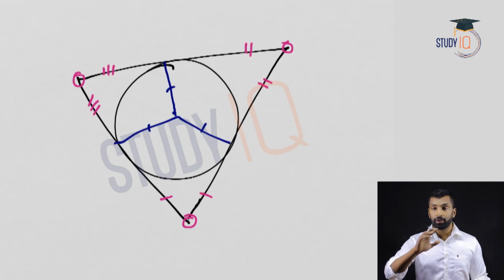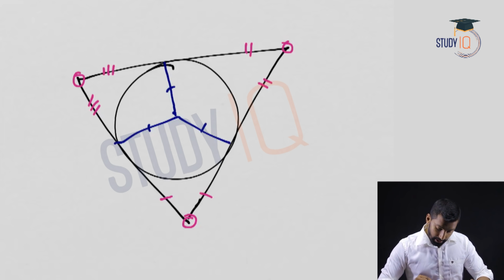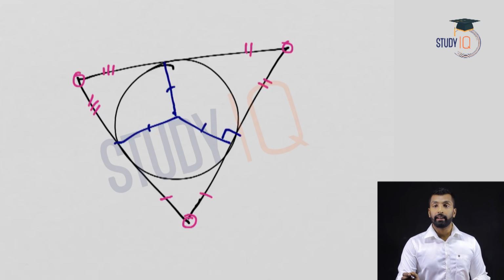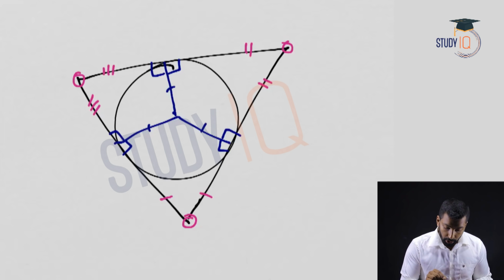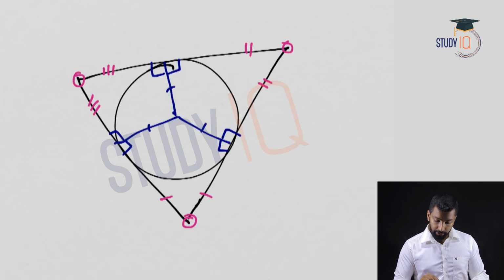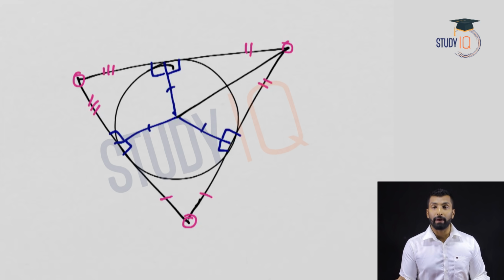The advantage is you will get the angle as 90 degrees, right? That's a theorem. So this angle is going to be 90 degrees. So these are 90. Then this is going to be very easy for you. So this is also going to be 90. So all these are 90 degrees. Then I have told you this line, if you draw this diagonal, this is the angle bisector.